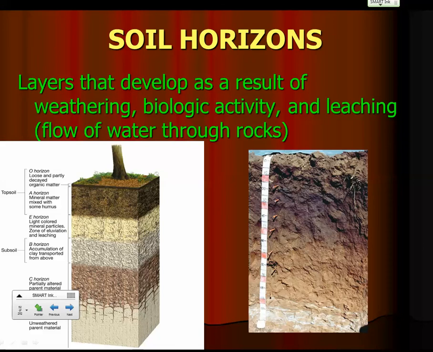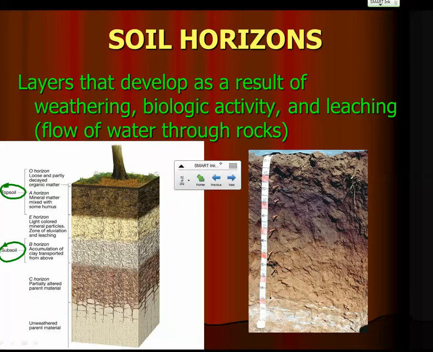And you can see on the left-hand side, we have our topsoil, we have our subsoil, and if we move this thing out of the way, you can see we have this part that's just partially altered parent material, mainly chunks of rocks. And then we have our bedrock, the unweathered parent material.